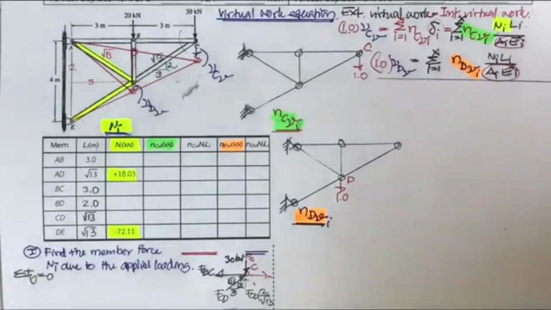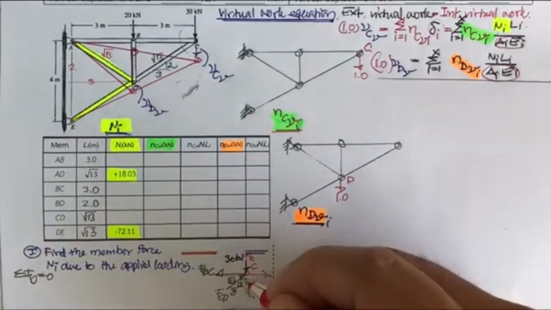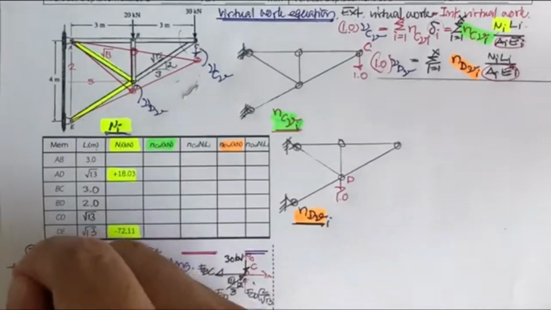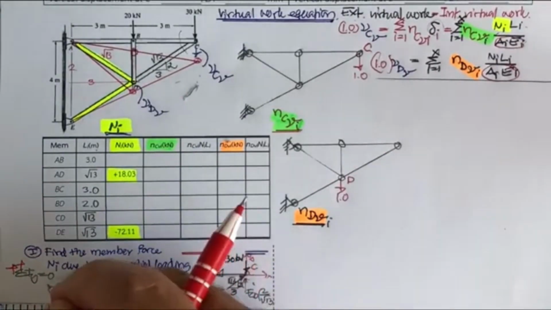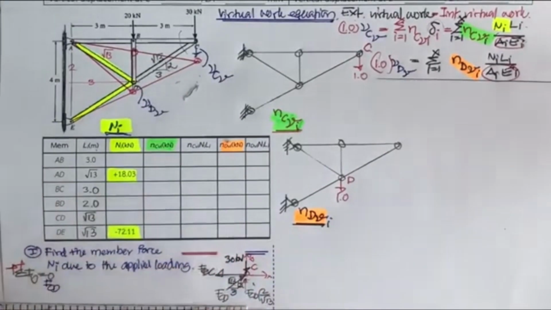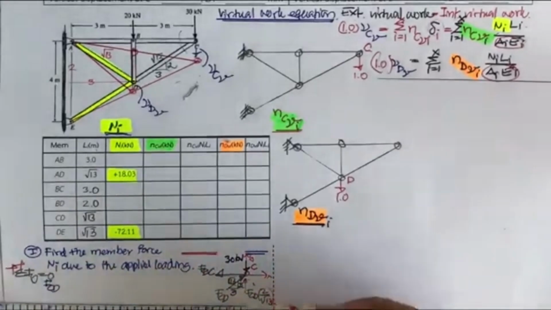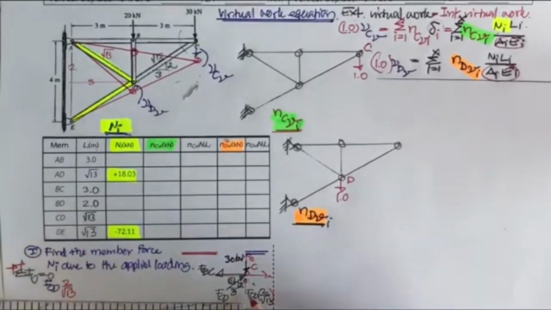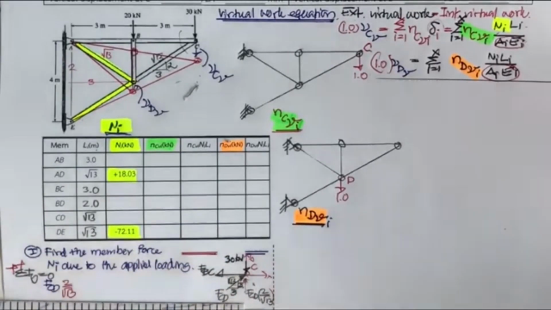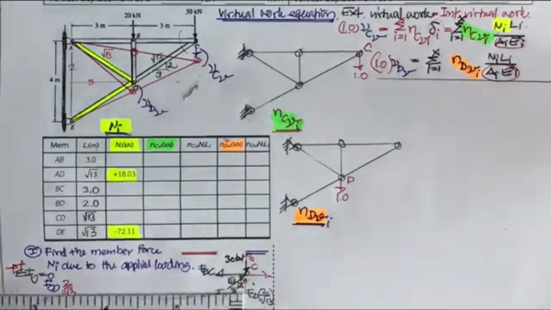Now you project this one, and it's going to be upward. So upward is positive. Then you have F sub CD times 2 divided by square root 13, which is upward, and then the 30 is downward.